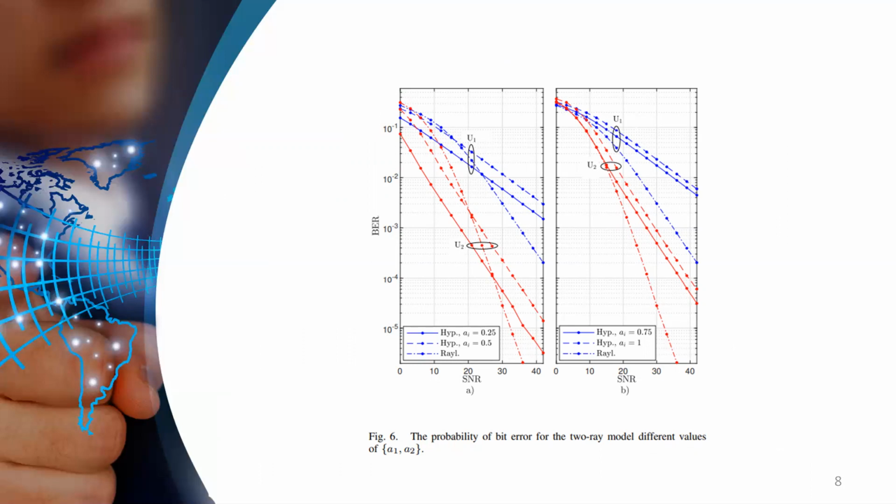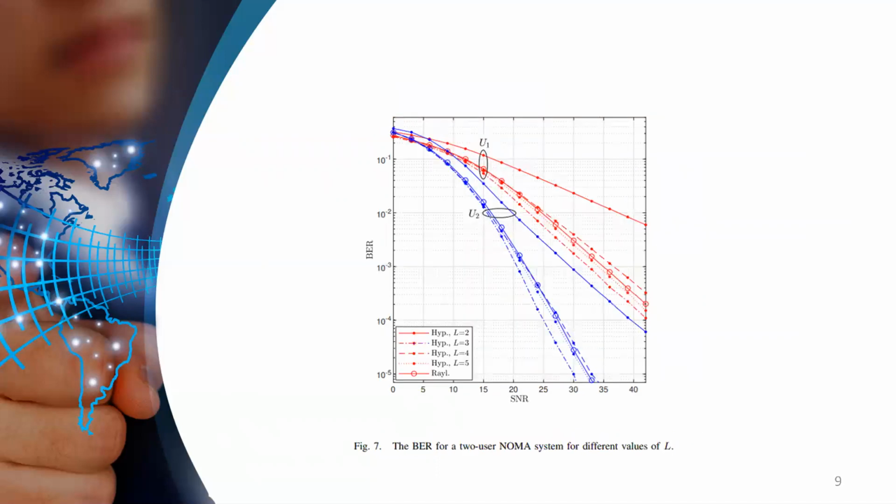And as can be seen from this picture, there's a big difference in the bit error rate performance between Hyper-Rayleigh and the standard Rayleigh channel. And in this simulation, we consider the two-ray model, or Hyper-Rayleigh channel with number of scatterers equal to 2.